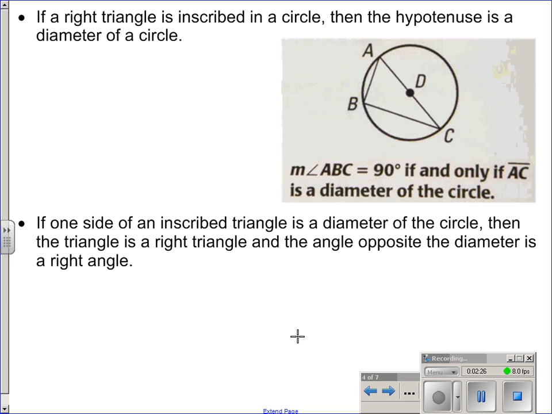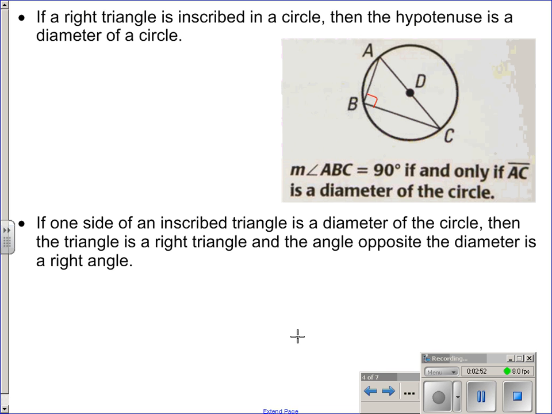All right. The next concept for this section. If you have a right triangle that is inscribed in a circle, the hypotenuse of that right triangle must be the diameter. Looking at this picture, let's say triangle ABC is a right triangle. Angle B is going to be the right angle.